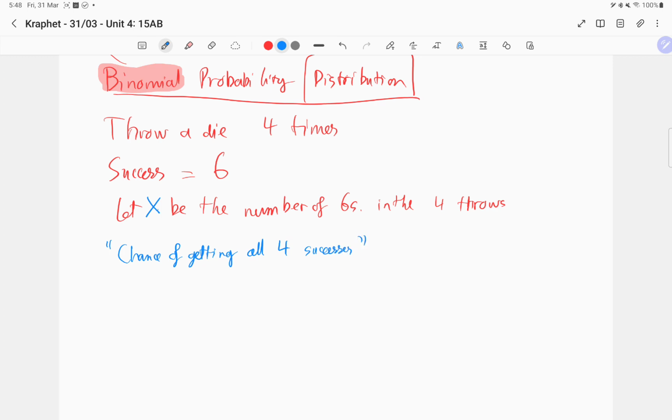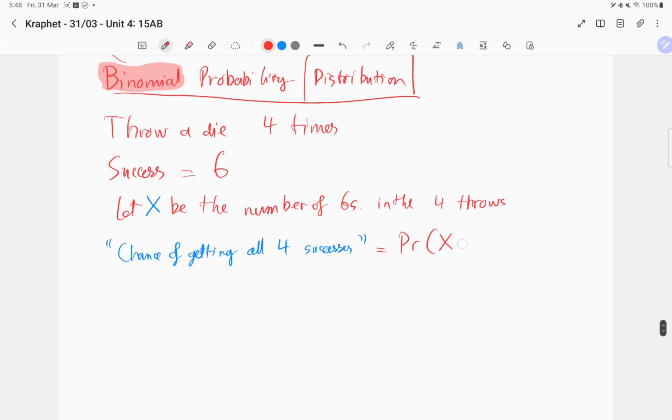Right? So all 4 throws are 6s. What's the chance of that? Now, this is represented in mathematical form as the probability that the number of successes is equal to 4. Okay, make sense? Yeah, 4 successes. So P(X = 4).